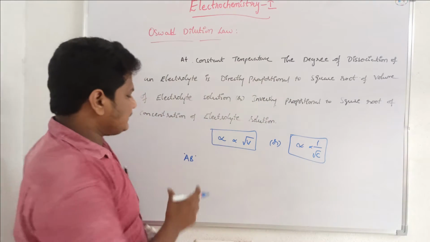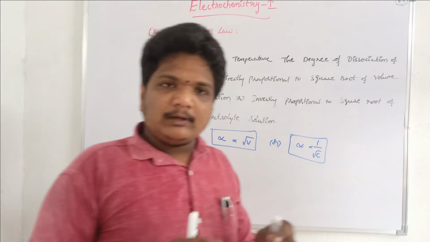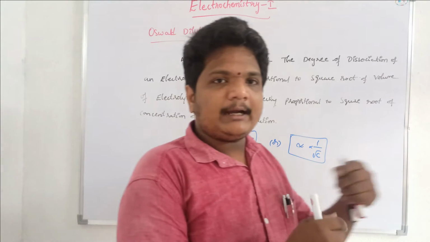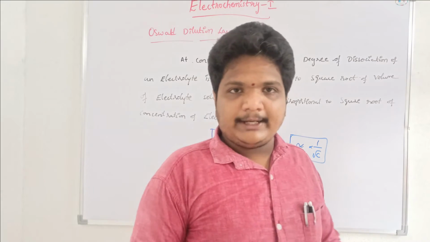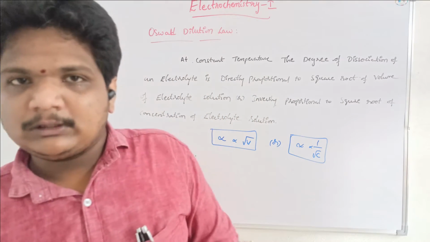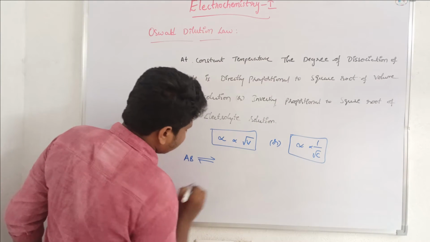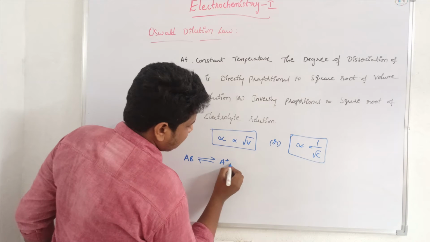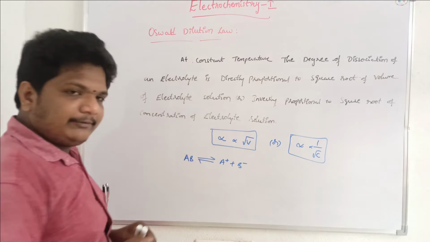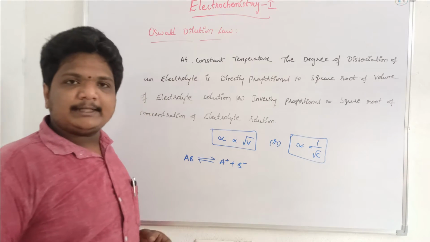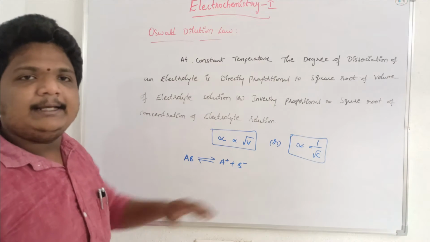According to the Arrhenius theory, if you add this electrolyte to the solution, it undergoes dissociation, meaning it spontaneously undergoes ionization. So AB gives rise to A plus and B minus. There is an equilibrium between dissociated ions and undissociated molecules. This is only up to the Arrhenius theory.